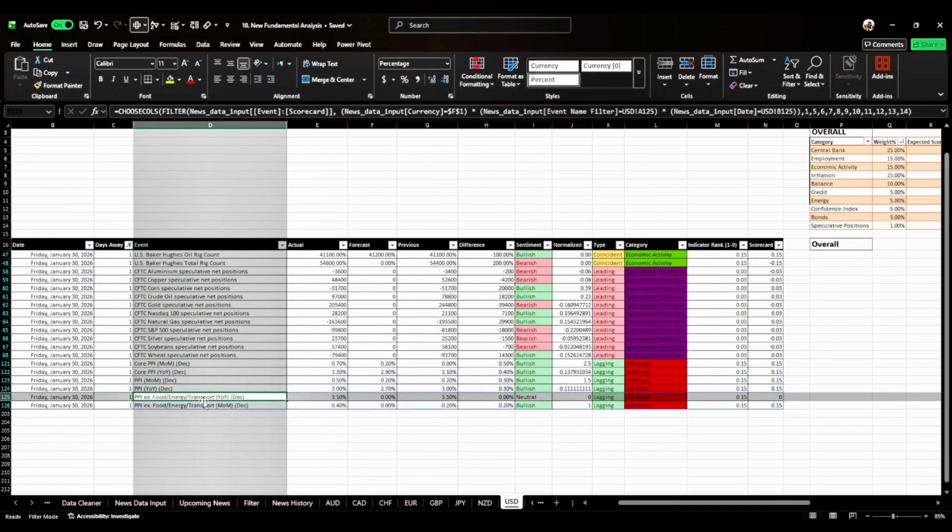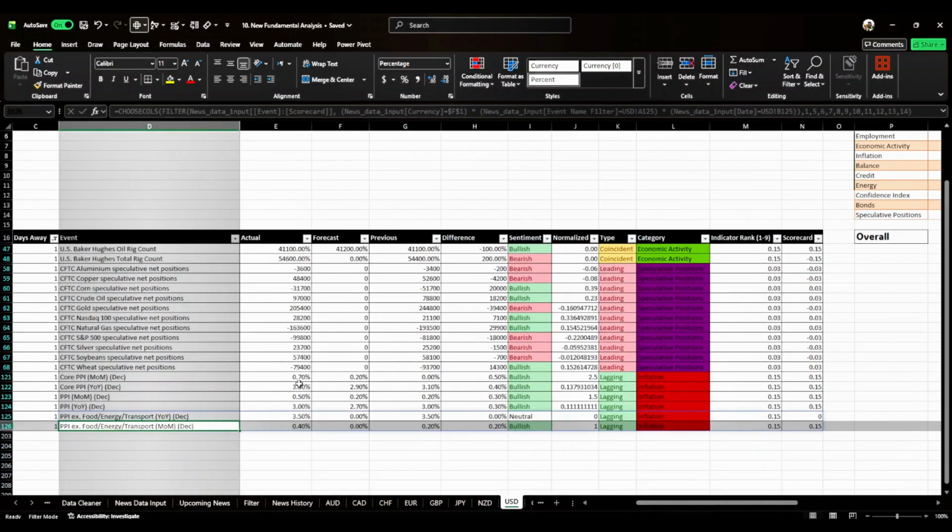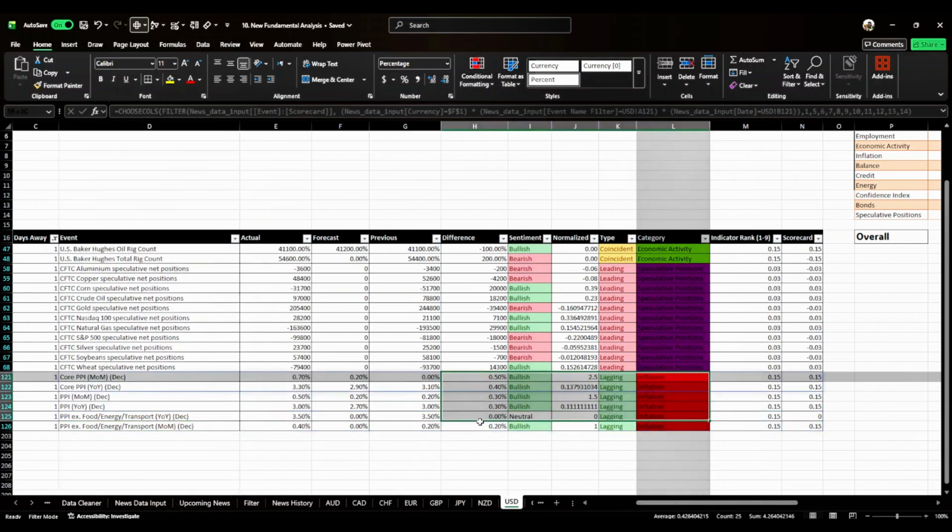Now the PPI for food, energy, and transport specifically, year over year, is neutral, but the food, energy, and transport PPI month over month for December is bullish. Take note, everything I just said about PPI is month over month. Now, what does this mean? The US inflation data for yesterday was absolutely good, real good. All the information released yesterday was really good when it comes to inflation.